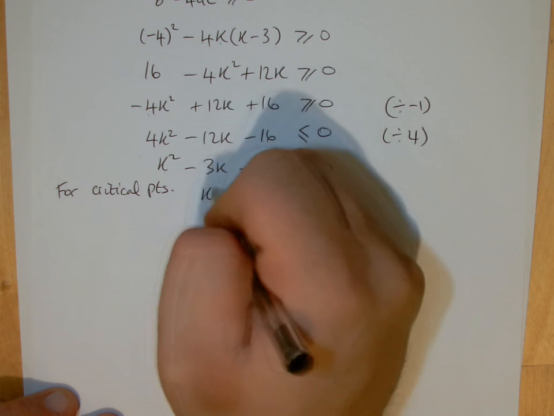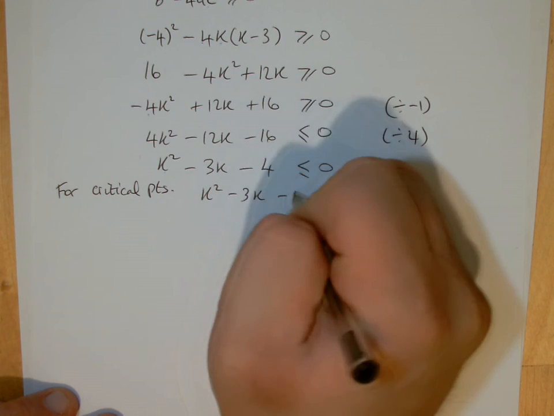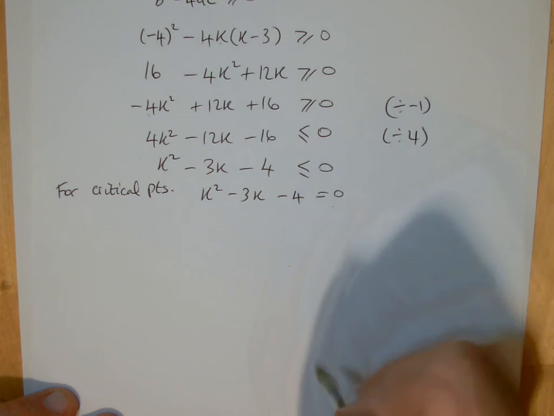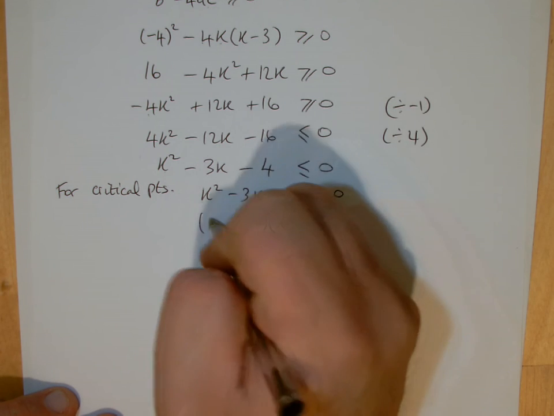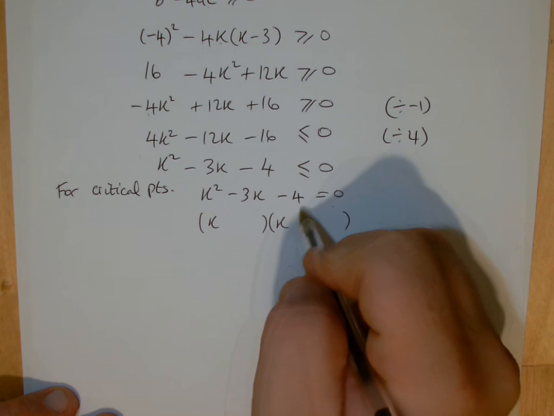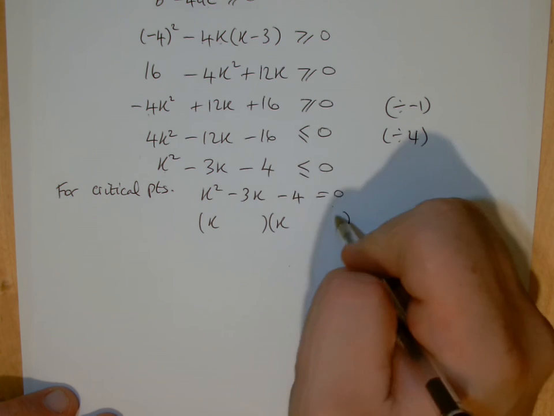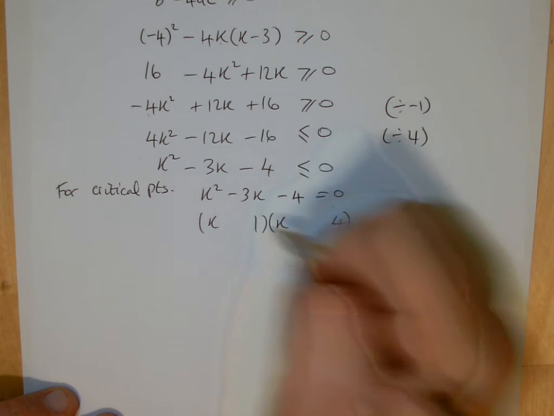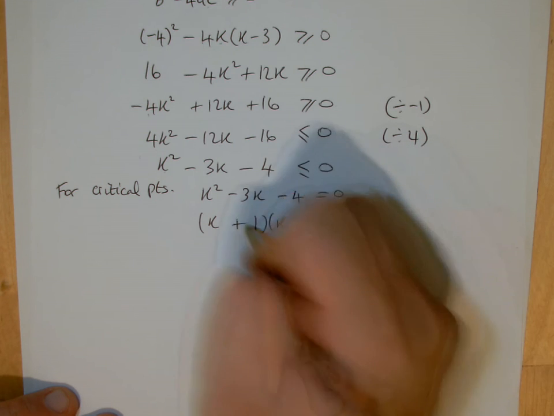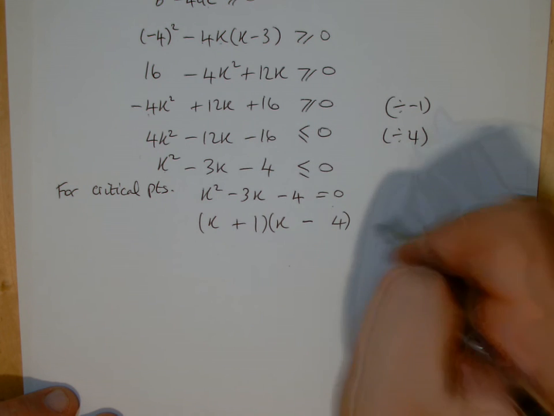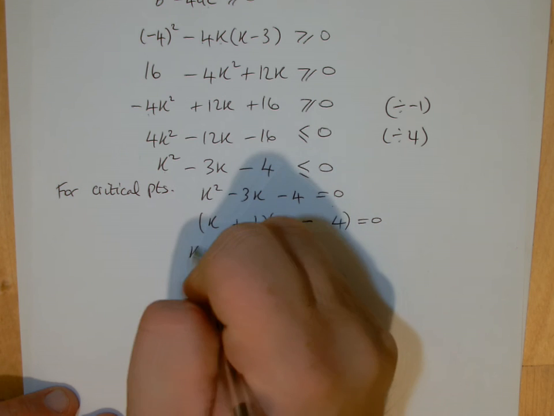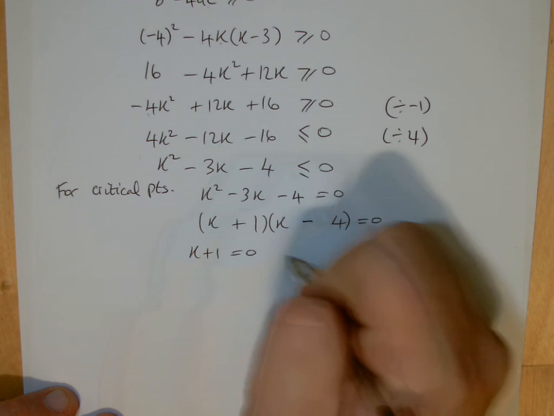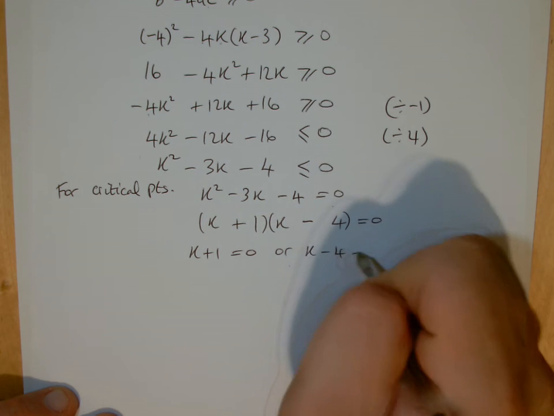In other words, k squared minus 3k minus 4 is equal to 0. You then have k in both brackets, and two numbers that multiply to give minus 4 and add up to give minus 3. We saw it last time, that becomes a minus 4 and a plus 1, equals 0. So when you've got two brackets multiplying to 0, either k plus 1 is equal to 0 or k minus 4 is equal to 0.